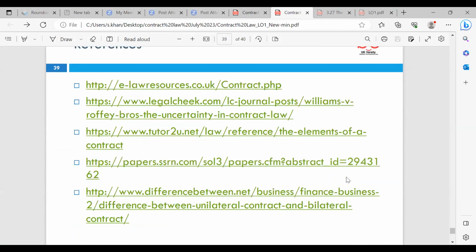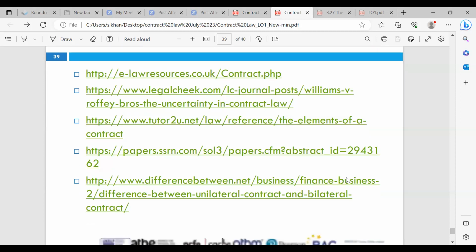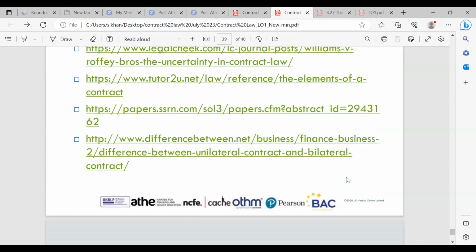The references that we've used in today's session are e-law resources on contract law, legalcheek.com on the Williams v Roffey Brothers case, tutor2u.net papers, and the difference between unilateral and bilateral contracts.